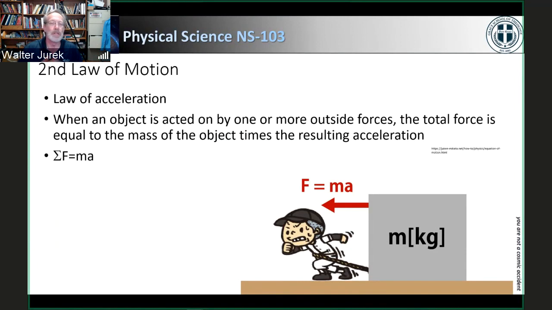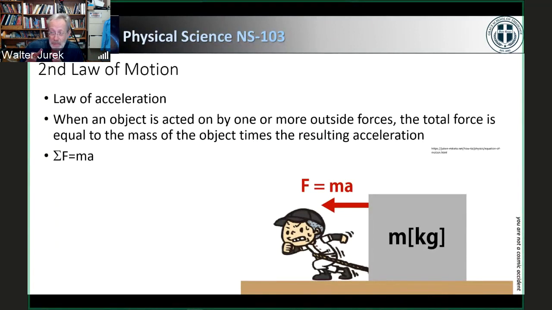So that's like our capital letter S that means summation. So sum of the forces equals the mass times the acceleration. And it's easier for my brain to remember that equation than all those words. And so that's Mr. Newton's second law. In the picture on the screen, that box has mass measured in kilograms in the metric system.